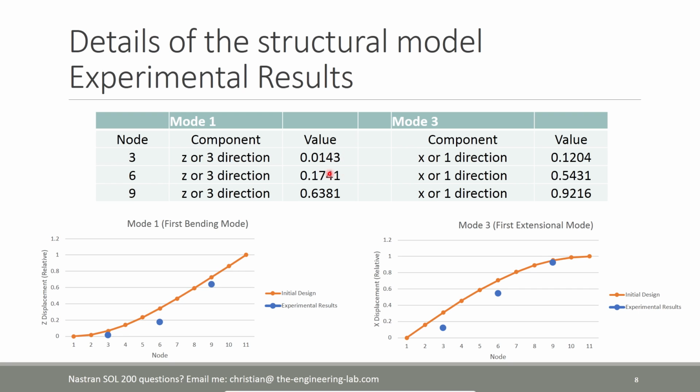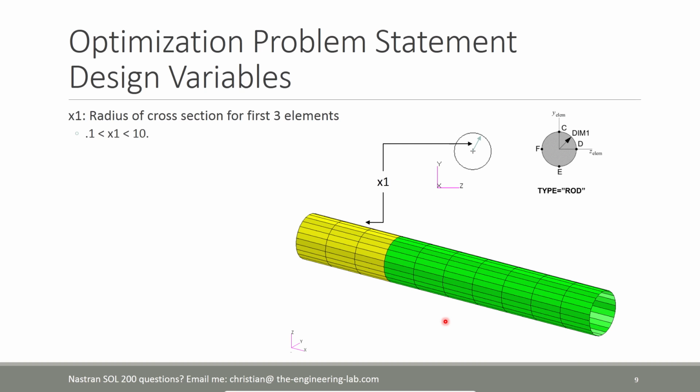And these are the experimental values that we should be getting. We did the same thing for mode 3. And here the one key takeaway is that here in orange is our finite element solution, whereas in blue is our experimental solution. This discrepancy, this difference, is what we want to minimize with Nastran Solution 200.